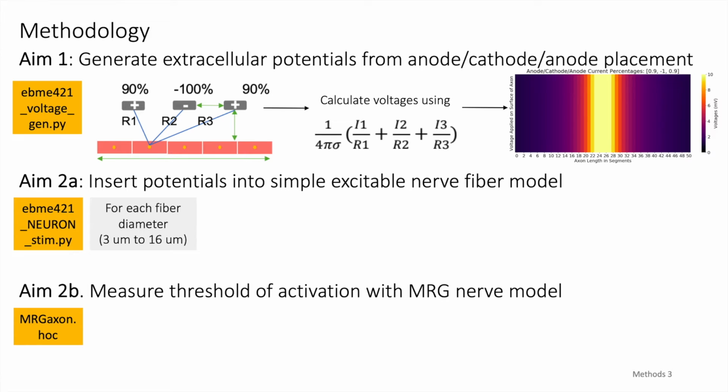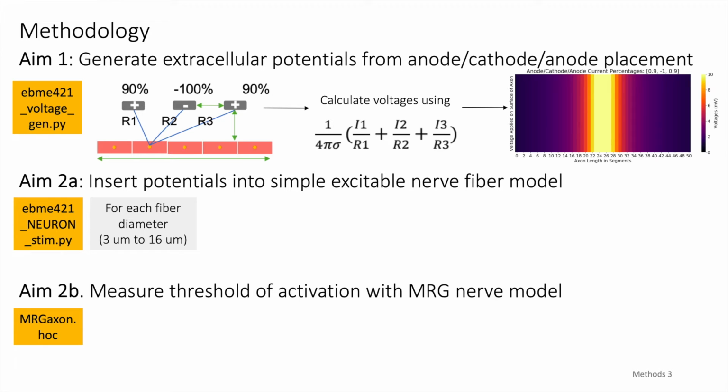So our Python command would call the Hoc language necessary to create those, and we were able to alter the fiber diameter, going from 3 micrometers up to 16 micrometers. We used values that would correspond to the MRG paper that we utilized later.